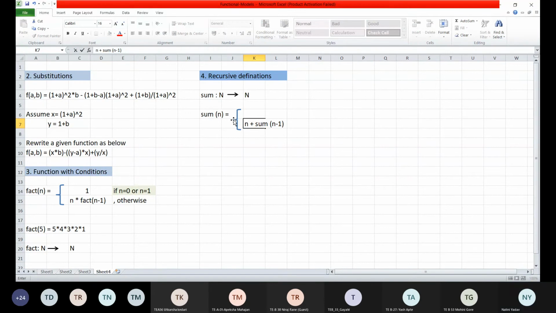Correct? Am I right? I want to find the sum of five natural numbers, 1 to 5. How will I find the sum of 1 to 5?